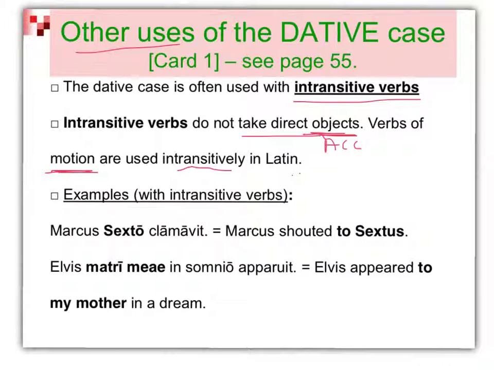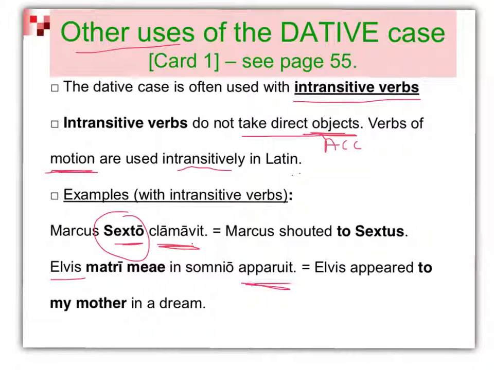So you'll see more datives with those. Here's some others. Marcus Sexto clamavit. Marcus shouted to Sextus, or at Sextus. So that Sexto is dative with this intransitive verb clamavit.